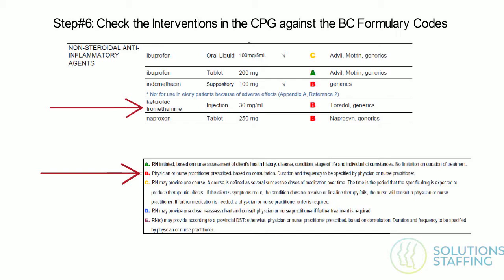Remember, your scope of practice as a certified remote nurse is determined by the BCCNP DSTs, and you can only dispense medications in the E category for health conditions found in the DSTs. So in this case, if there was a recommended treatment listed as E in the CPGs, you would be required to consult.